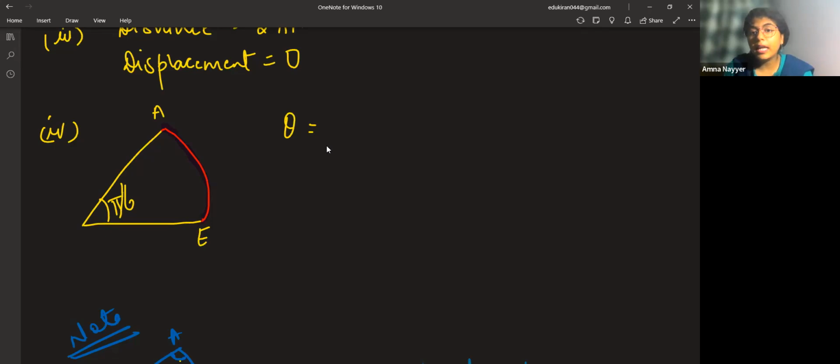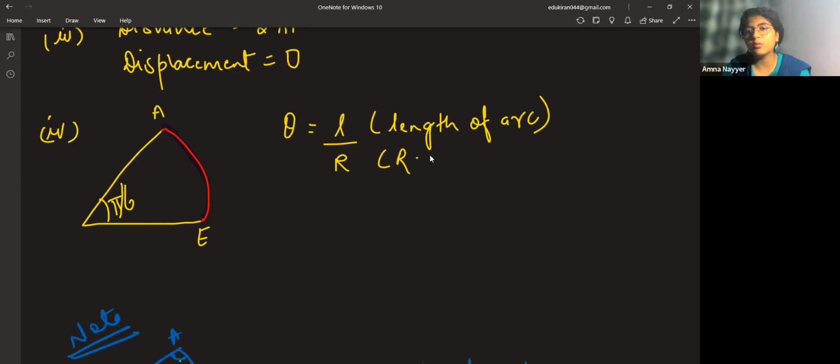Theta is equal to length of arc divided by the radius of arc. L is the length of arc, and R is the radius. This is a relation established between the length of the arc, the radius, and the angle. So what do we need?